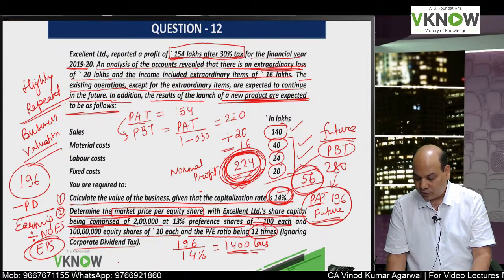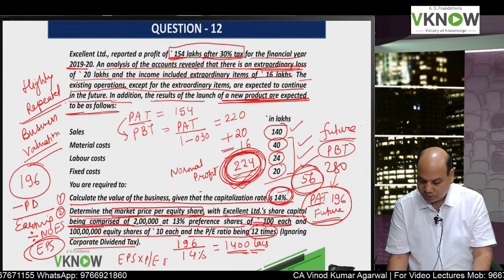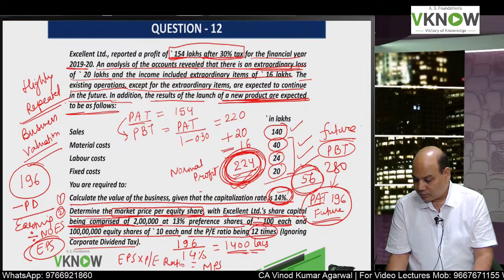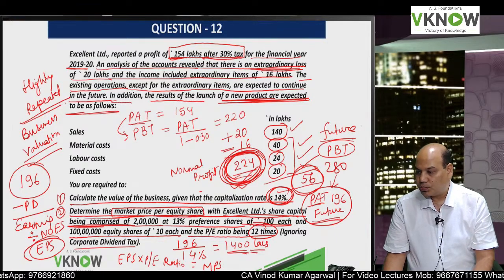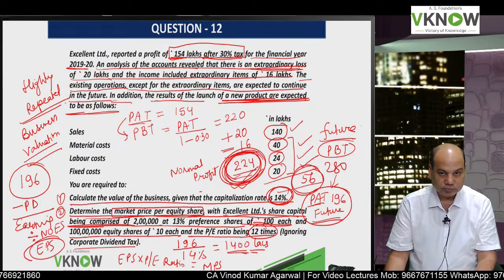What is EPS into P/E ratio known as? Because they have given P/E ratio, it means the intention of the question is the student should use P/E multiple to solve the answer. Is it right?